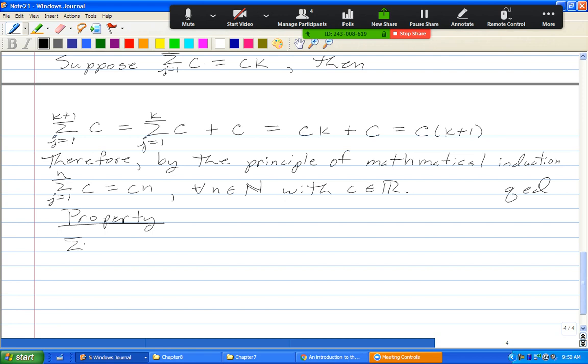The sum, for some reason in the book they write it in functional notation, but of c times a sub j, j equal 1 to n, is equal to c times the sum j equal 1 to n of a sub j.